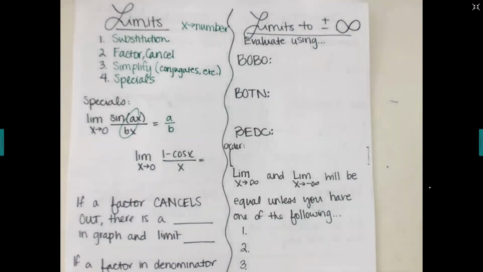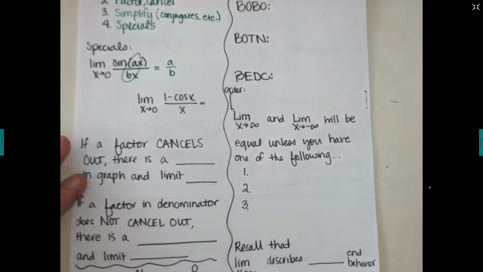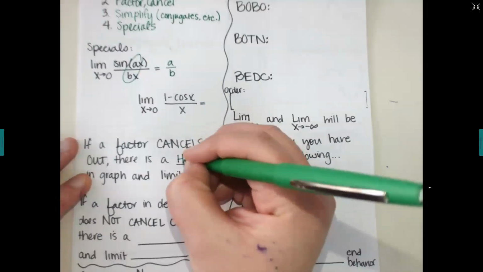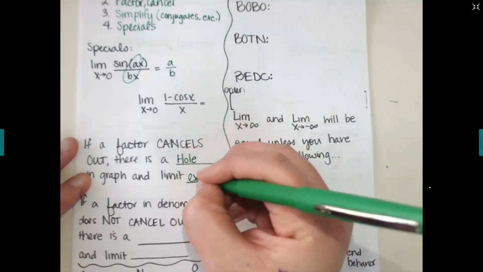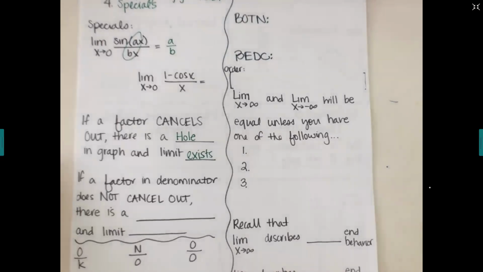Now let's talk about if factor cancel worked, that means that there was a hole in the graph and your limit still exists. If you think about it, if you're able to fix the limit, that means that there's a hole in that spot and your limit still exists.